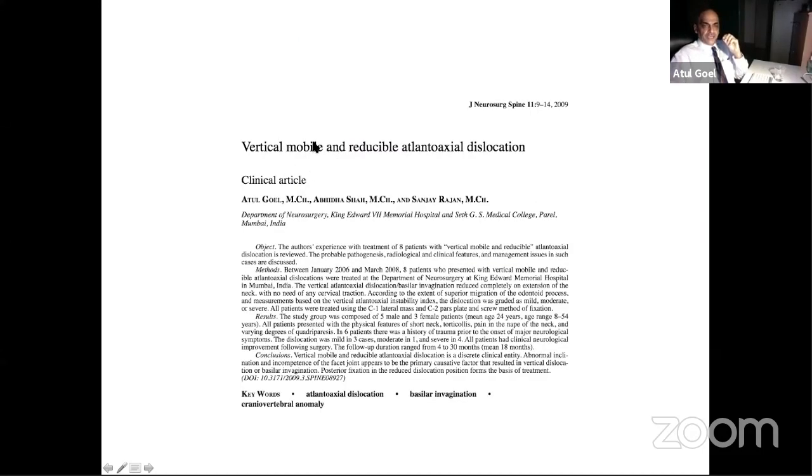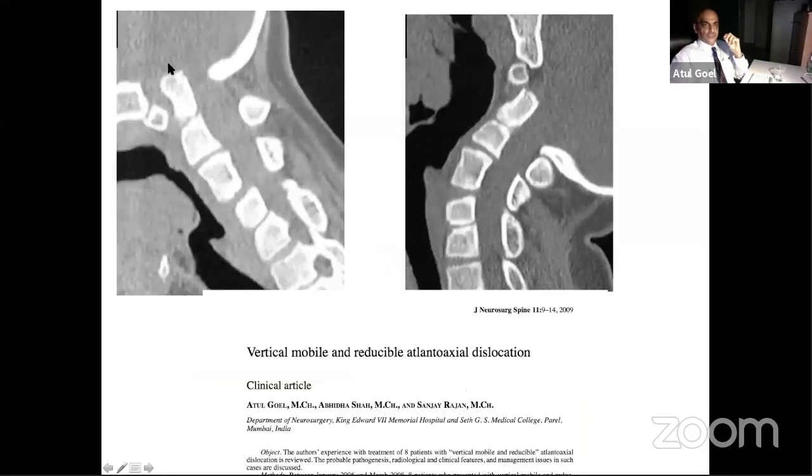Because of the standing human position, there is a vertical dislocation. You see, in flexion it goes up, and in extension it comes down. So there is no atlantodental interval disturbance, but there is a piston-like, up and down movement due to the weakness of the muscles and the incompetence at the facetal articulation.